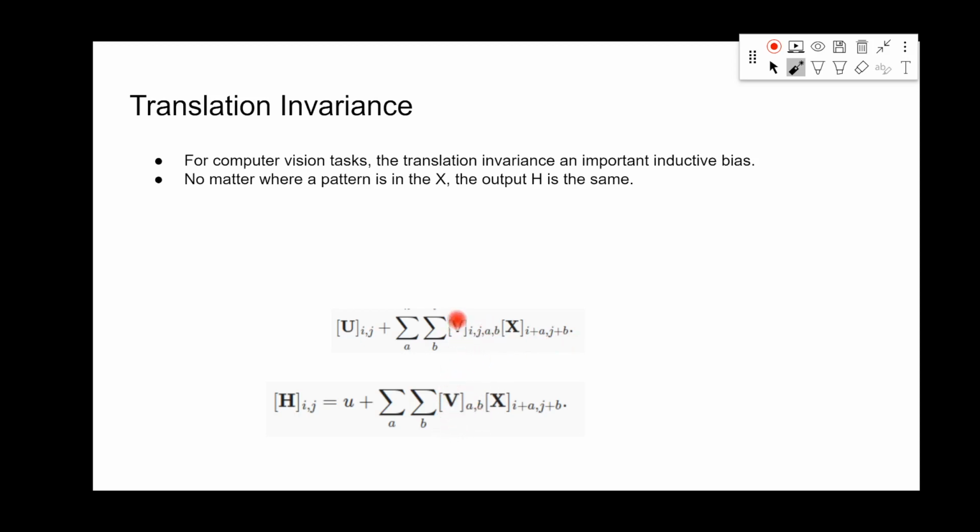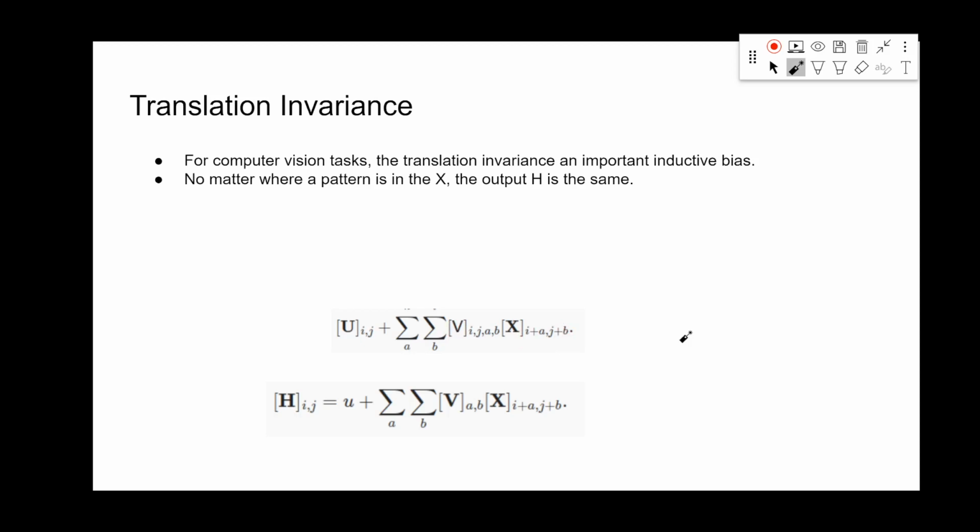In this case, if we have the same group of x here, no matter where it is located, since V is not related to ij anymore, the result will be the same.